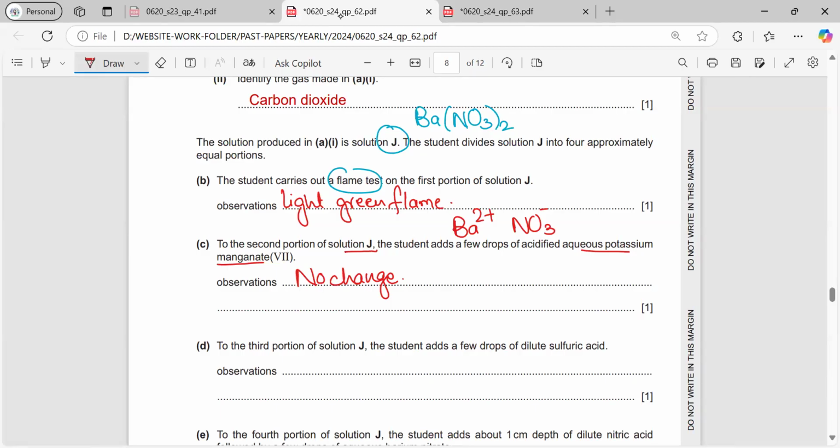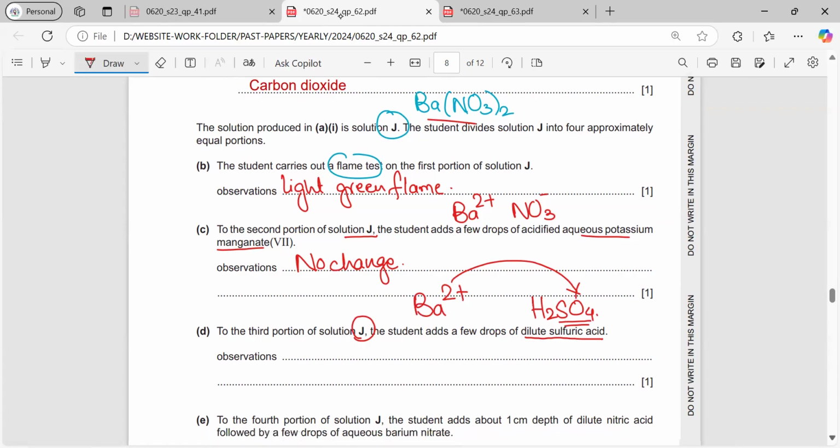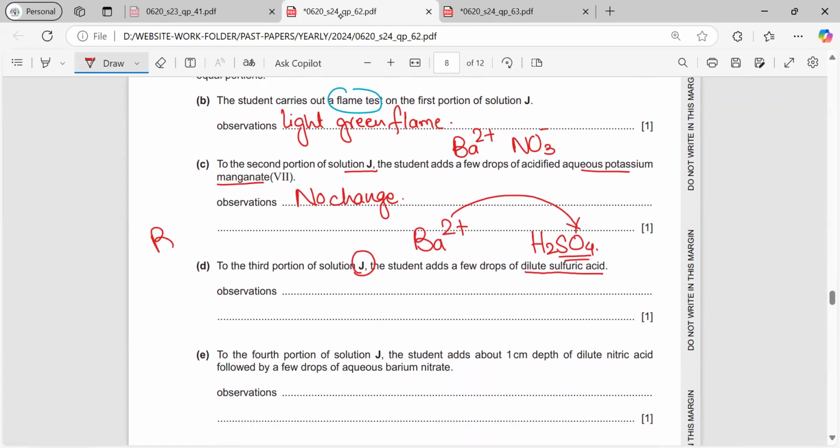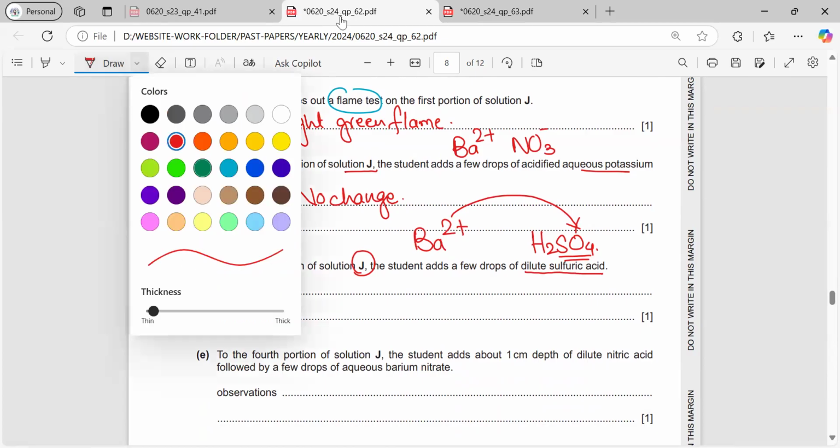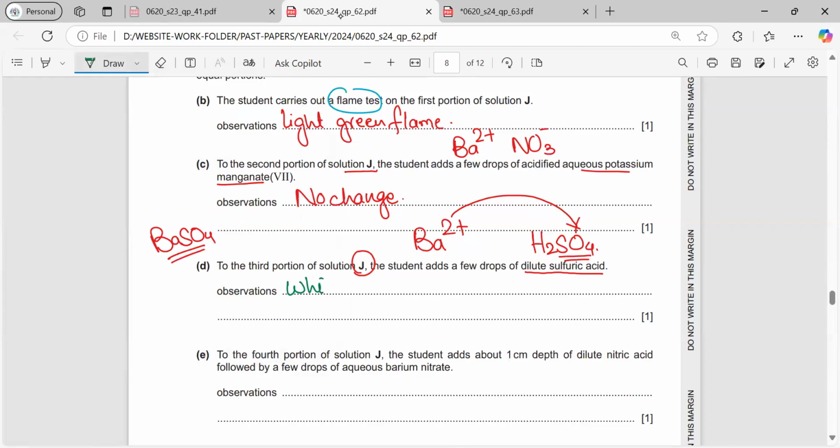Then, to the third portion of solution J, the student adds a few drops of sulfuric acid. Now, a student is adding sulfuric acid to a solution containing barium ions. If we have barium ions, they react with the sulfate of sulfuric acid and form barium sulfate. And this barium sulfate is a white precipitate.